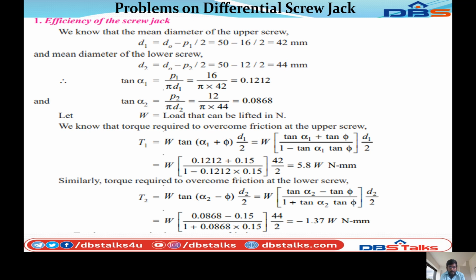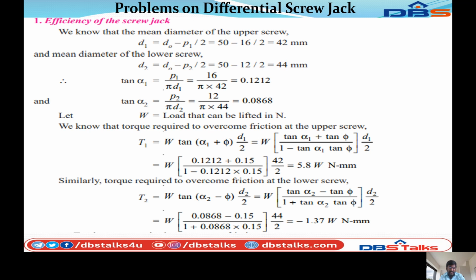D1 is equal to D0 minus P1 by 2, that is 50 minus 16 by 2, that is 50 minus 8, equal to 42 mm. And the mean diameter of the lower screw, D2, is equal to D0 minus P2 by 2, that is 50 minus 12 by 2, that is 50 minus 6, equal to 44 mm. So D1 is equal to 42 mm and D2 is equal to 44 mm.